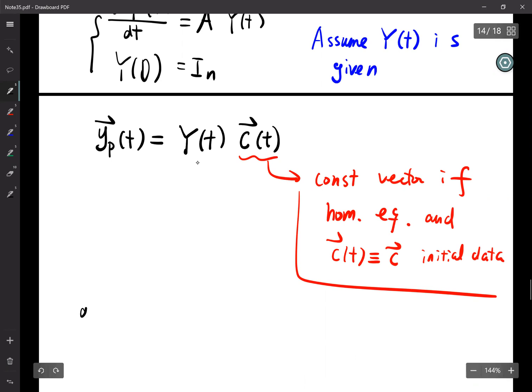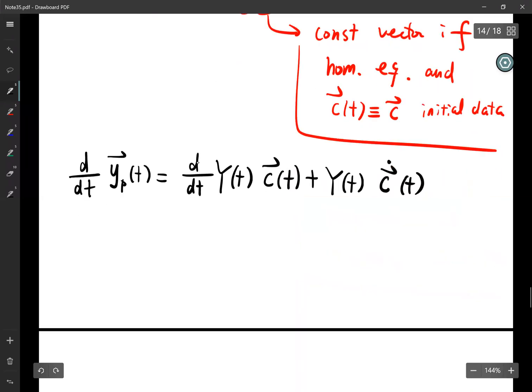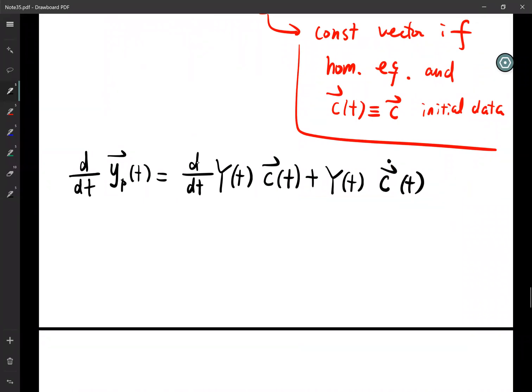Why? I take the derivative d/dt of y_p(t). There are two factors and they both depend on t, so by the Leibniz rule, we get Y'(t) c(t) plus Y(t) c'(t). The first one satisfies the equation, so this is A Y(t) c(t), which is A y_p(t).